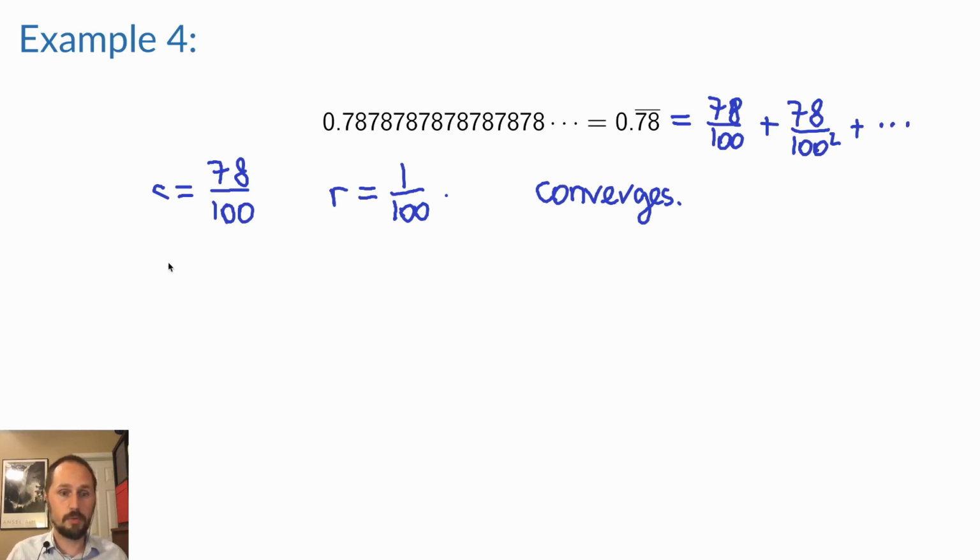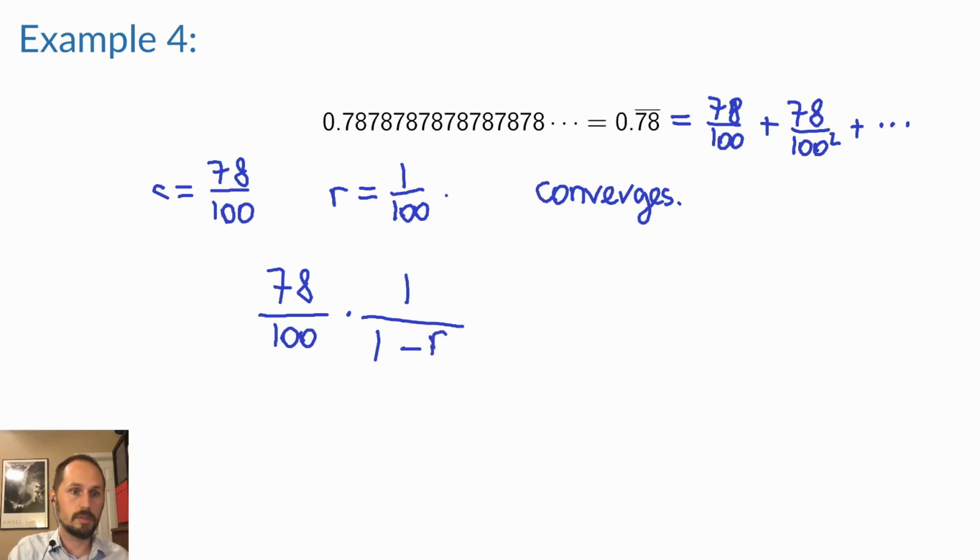And now, just using our formula, we get that the value is going to be 78 over 100 times 1 over 1 minus r. Okay, r was 1 over 100, so let's go ahead and put that in there.